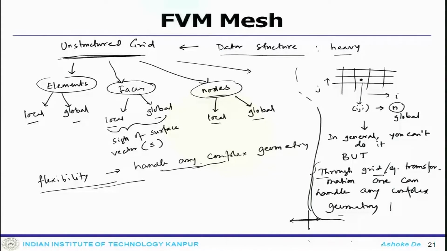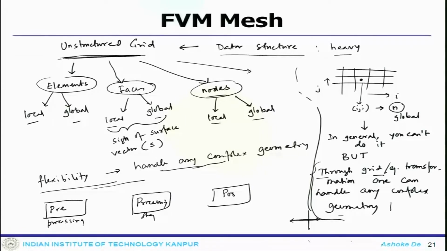It is not only the solution of some partial differential equation, it requires a lot. For any CFD calculation there are three important stages: one is the pre-processing stage, then the processing stage, then the post processing stage.